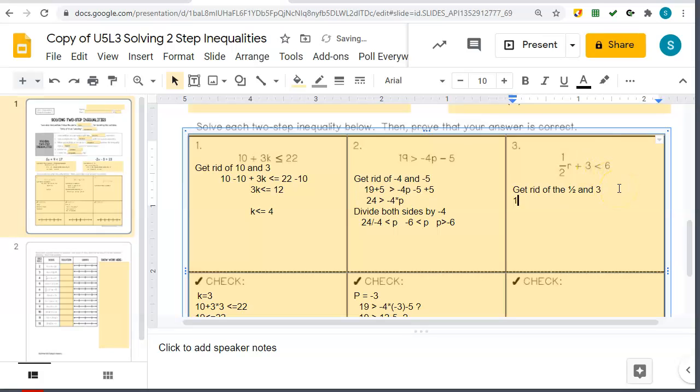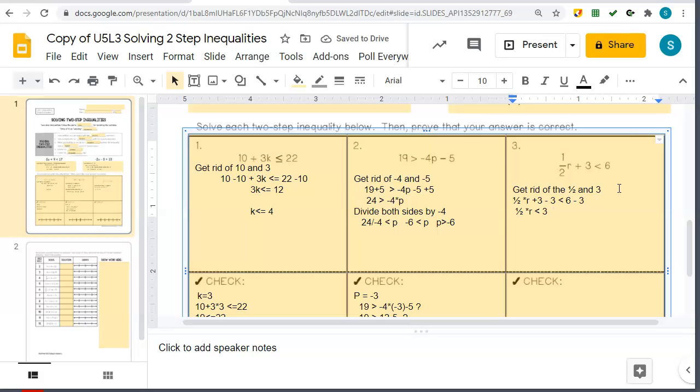So I'm going to have 1/2 times r plus 3, and then I'm going to subtract 3, is less than 6 minus 3. So we get 1/2 times r is less than 3.